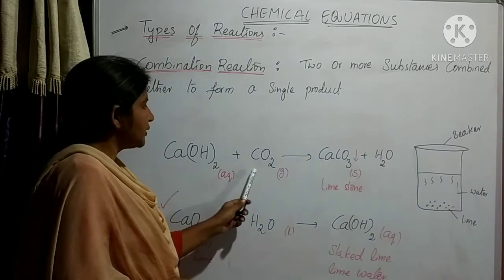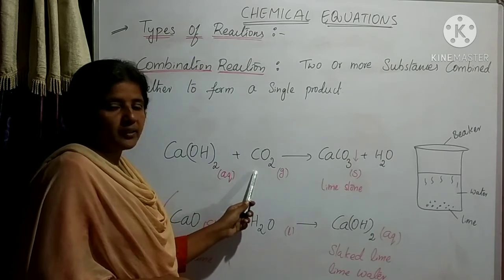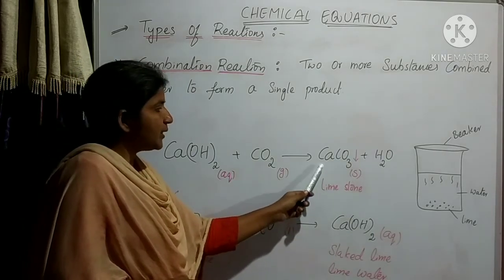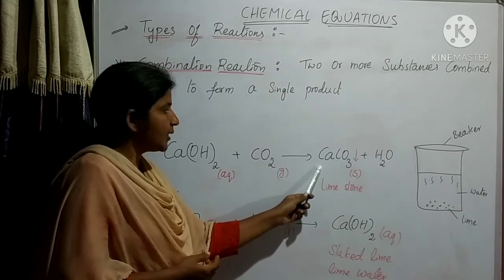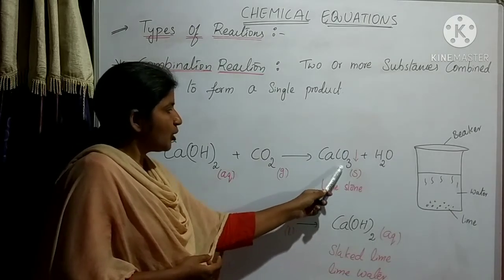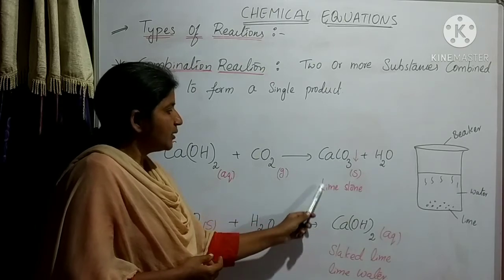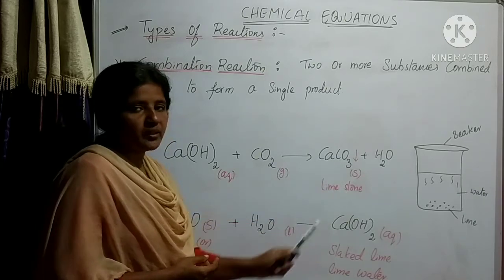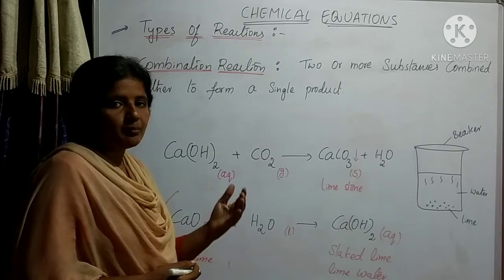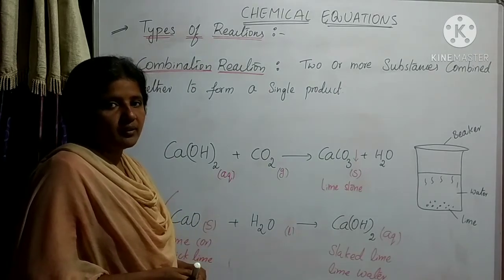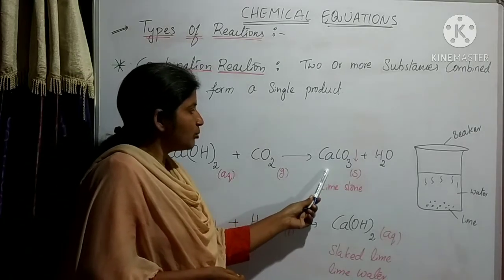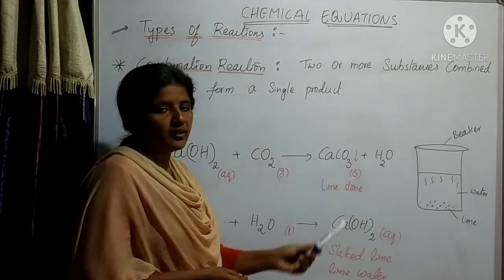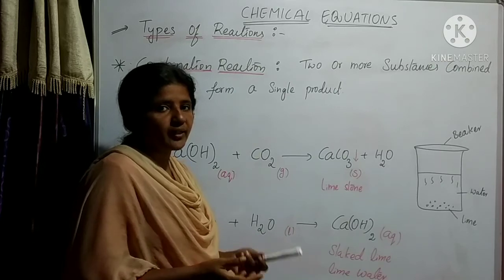It will react with atmospheric carbon dioxide and form a thick, bright layer of calcium carbonate. Calcium carbonate, formula CaCO3. The name of this calcium carbonate is limestone. It is formed as a precipitate. Precipitate means insoluble form.